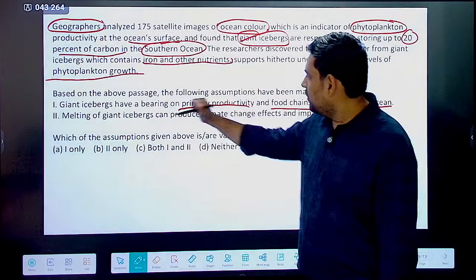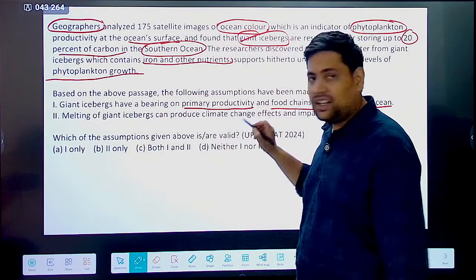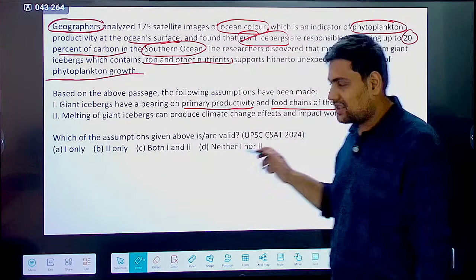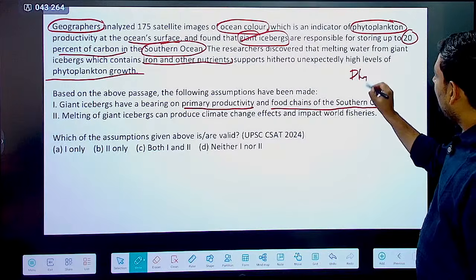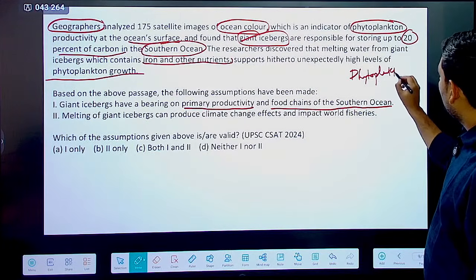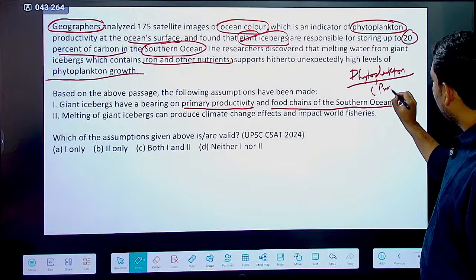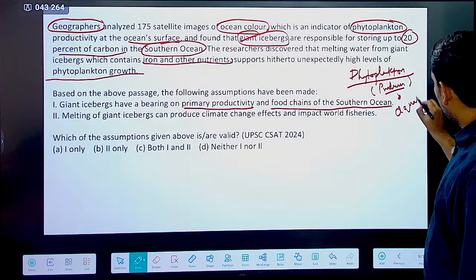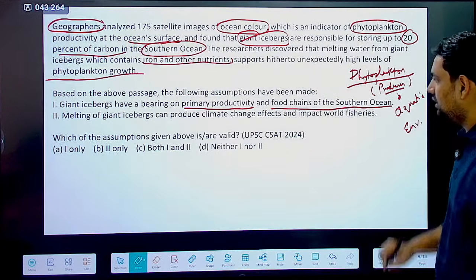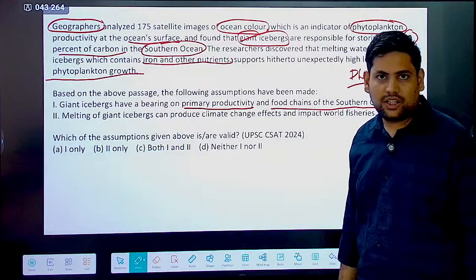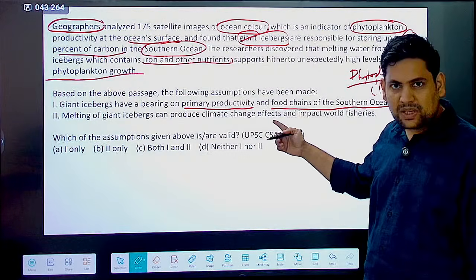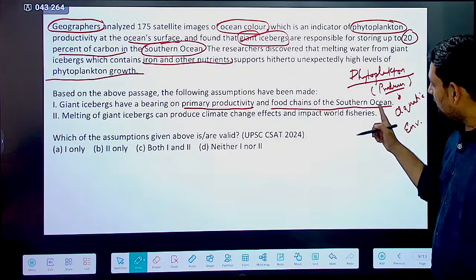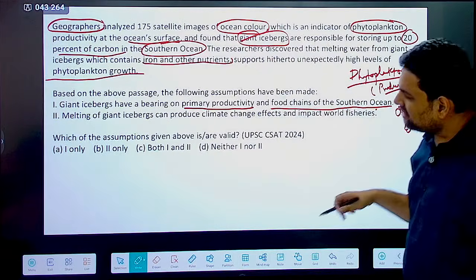You might feel, that is why I said the basis can be implicit also. Is primary productivity correct? Yes, because phytoplankton are the primary producer in an aquatic environment. So it is saying have a bearing on primary productivity. Yes, because phytoplankton is getting affected by it. And food chains of the southern ocean. Yes, southern ocean is also mentioned.